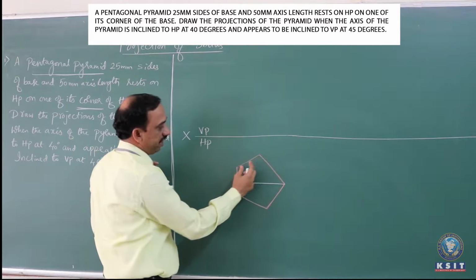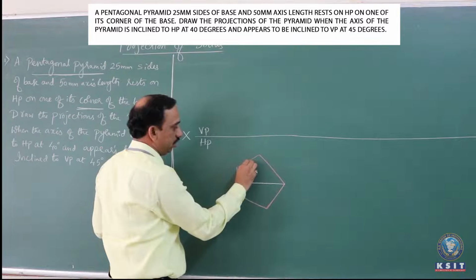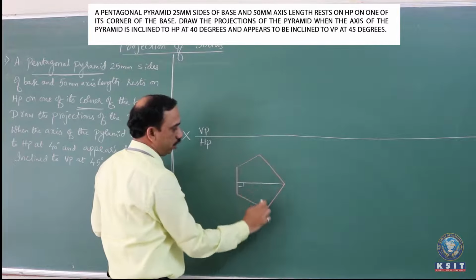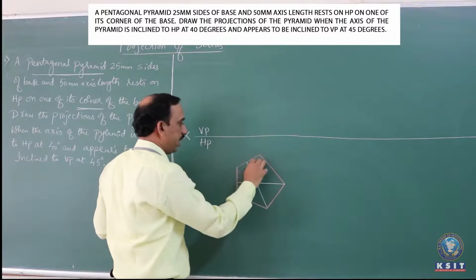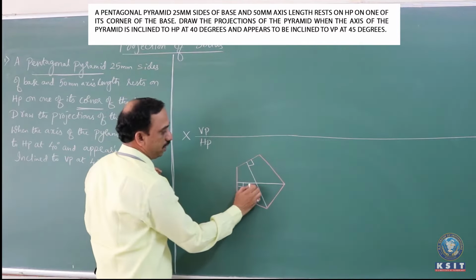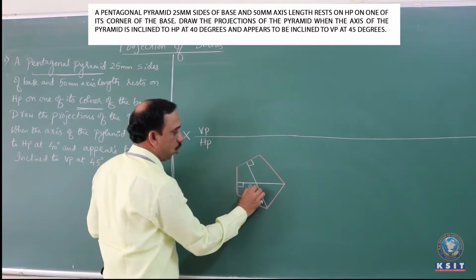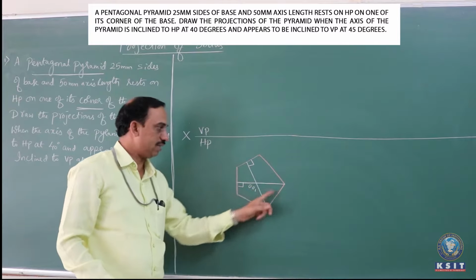If this is 25, measure 12.5, have a center. From this center, join to the opposite corner. When you join to the opposite corner, you get a perpendicular bisector. The intersection of these 2 perpendicular bisectors, we are going to take it as O01. So we got the center of the pentagonal face.